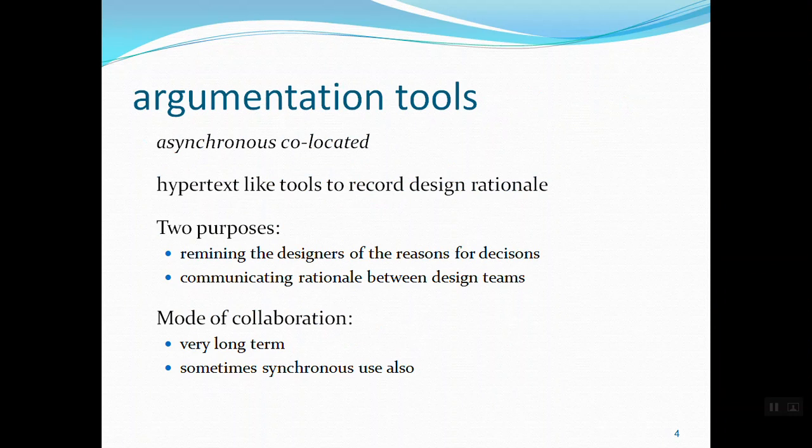The mode of collaboration of argumentation tools can be very long term, which means months, 6 to 9 months, or even sometimes a year. Generally they are asynchronous in nature, but very occasionally it can be synchronous too.